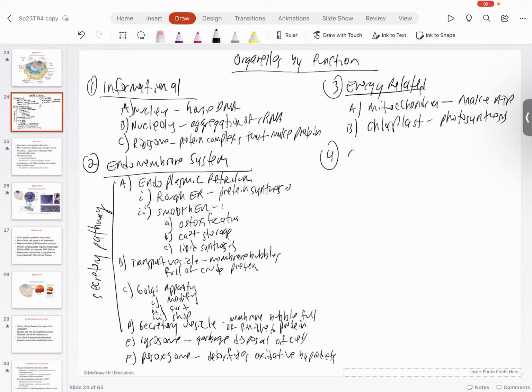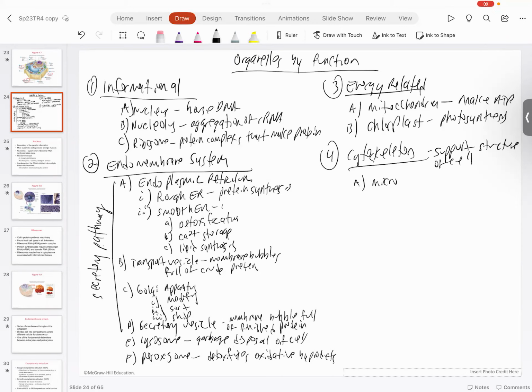Okay. The last one is the other big innovation, and that's the cytoskeleton, right? So this is basically the support structure of the cell. And there's basically 3 main fibers.